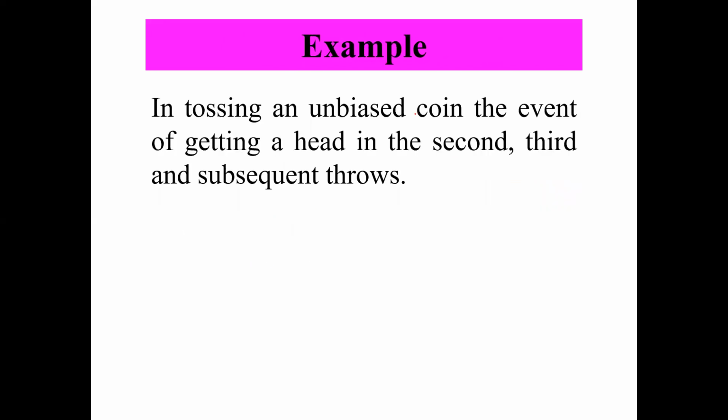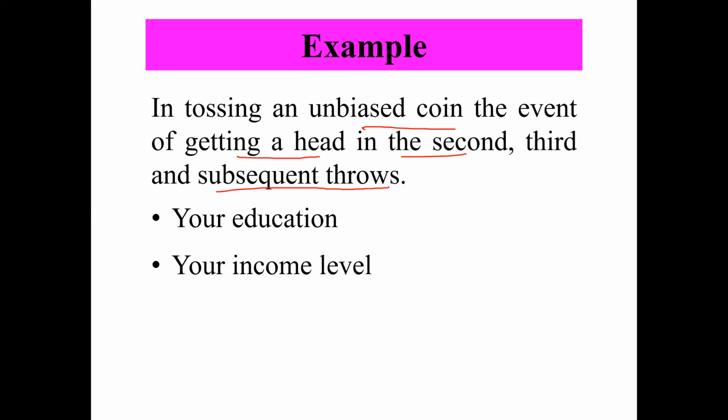For example, in tossing an unbiased coin, the event of getting a head in the second, third, and subsequent throws are independent. Other examples are education, learning knowledge and skills, and income levels, whatever a person earns.